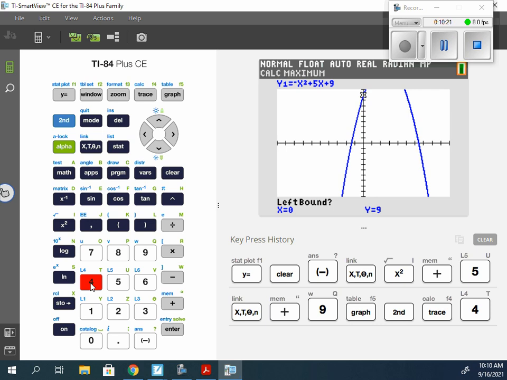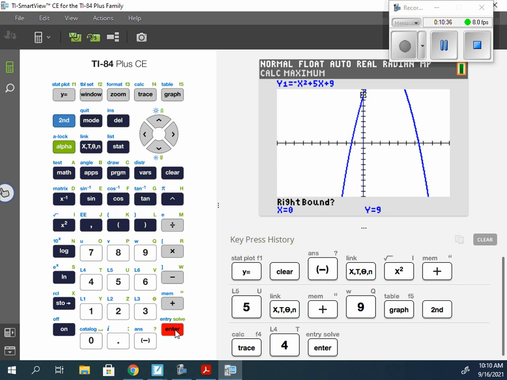Now, left bound, as we talked about yesterday, we want to point to the left of the maximum value. Yes? Are we to the left of it? Yeah, the little X is right up there at the top. We are at the left of the maximum point. So we can go on and hit enter. But we're definitely not at the right of that value, are we? No. So we're going to hit the right arrow.